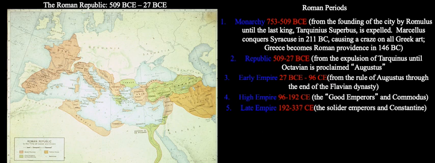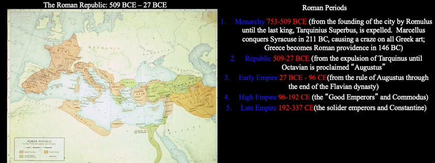And kratos, which we see a lot of, like theocracy and democracy, that means rule of. So beginning around the year 509, we have the creation of a Roman Republic in which we have senators who are elected. This lasts until around the year 27 BCE.